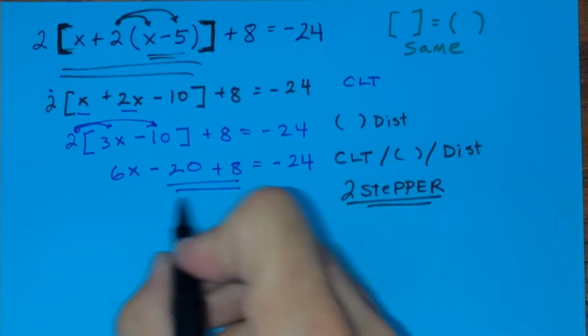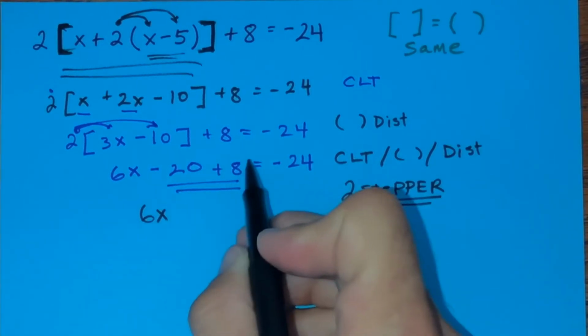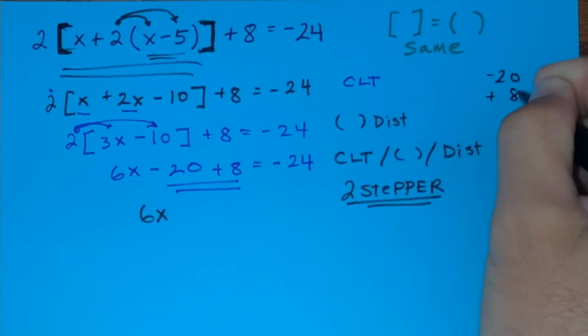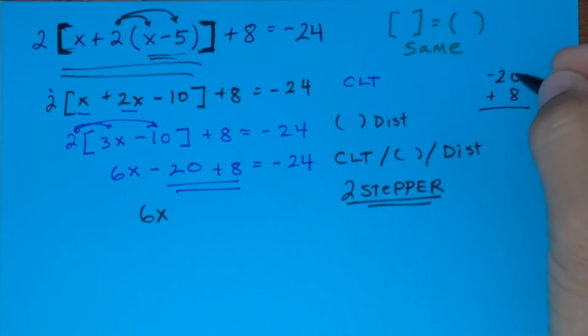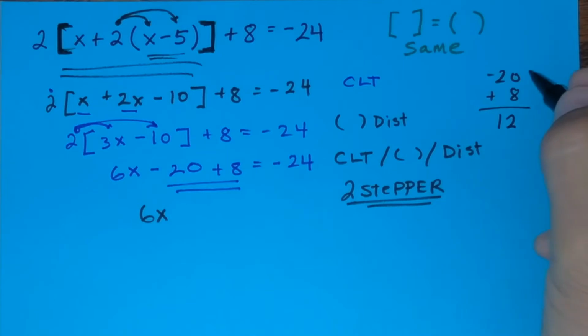So here we have the 6x minus 20 plus 8. Again, minus 20 plus 8, you're finding the difference. These numbers are different. One's negative, one's positive. So you find the difference of these two numbers, which is 12. And then what do you have more of?